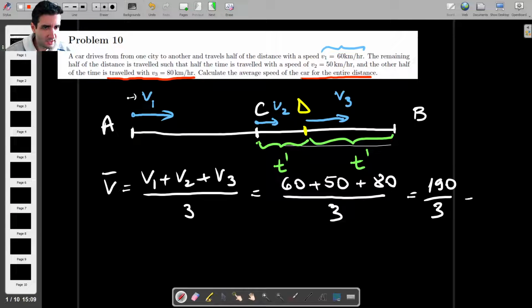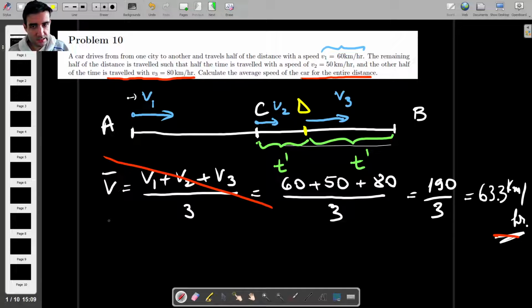Yeah, so this is something like 63.3 kilometers per hour. This is the wrong answer. It's the wrong answer not just because the final answer is wrong, but because the way in which we got there is wrong. So this is not how the average speed is defined.